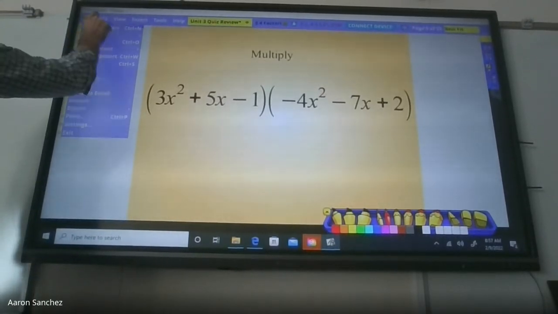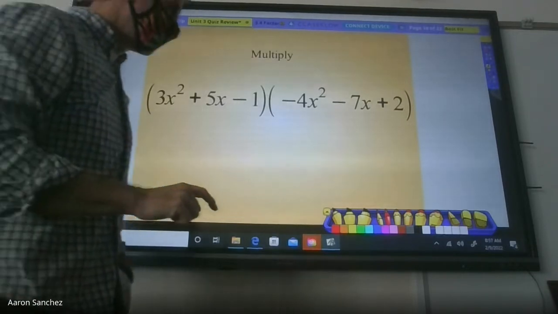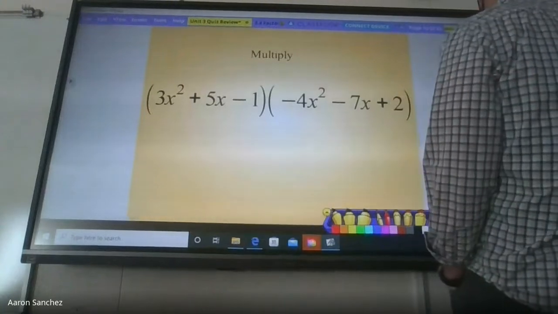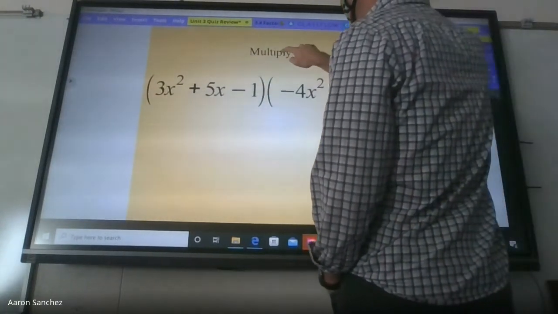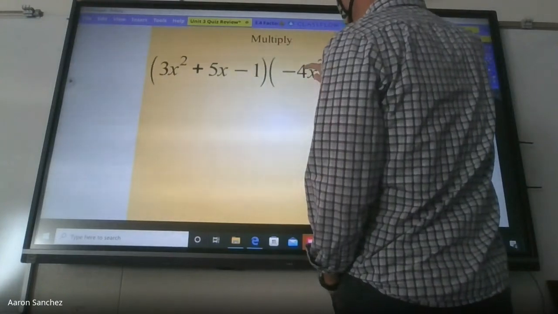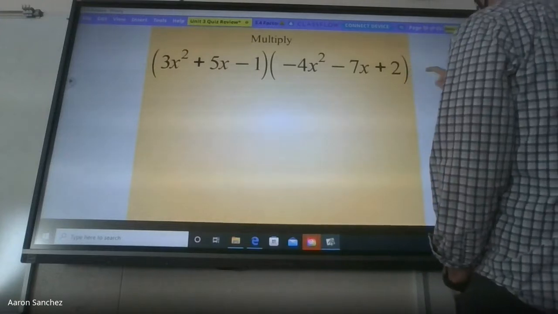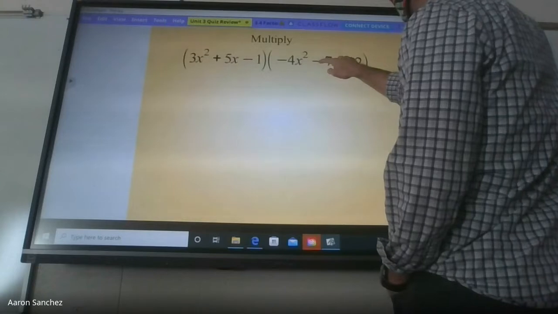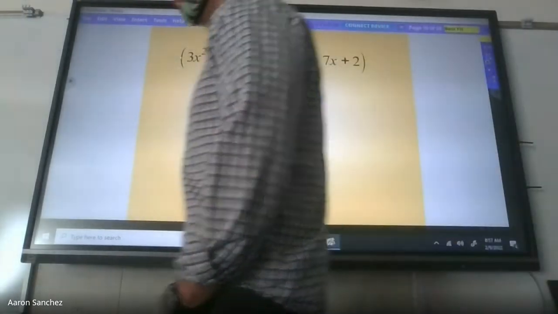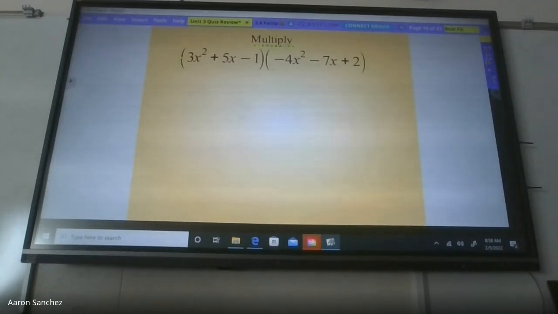I like doing the graphic organizer. Sorry, I know I'm in the way. I'll get out of the way. Let's make a graphic organizer here to do the problem. All right, set up your graphic organizer, or you do the rainbow stuff.